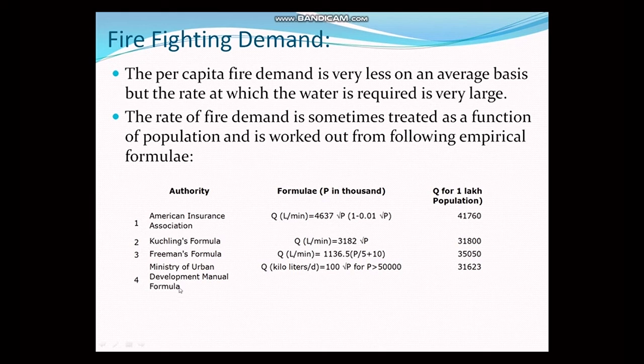As for the Ministry of Urban Development manual formula, this formula is applicable where the population is more than 50,000, and Q, that is the supply rate of water during firefighting, is measured in kiloliters per day.